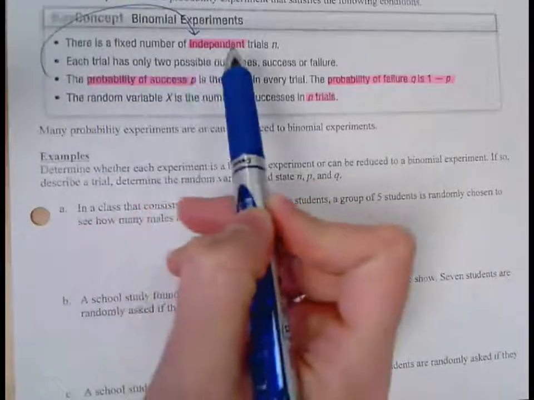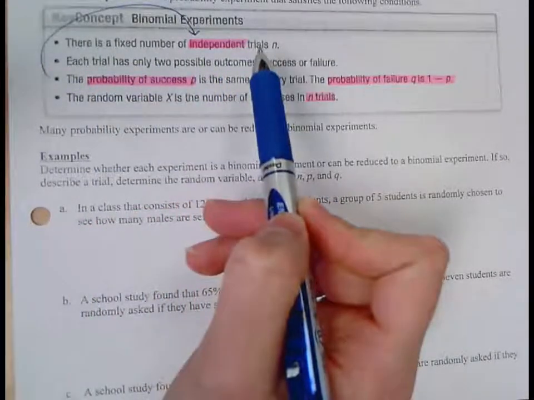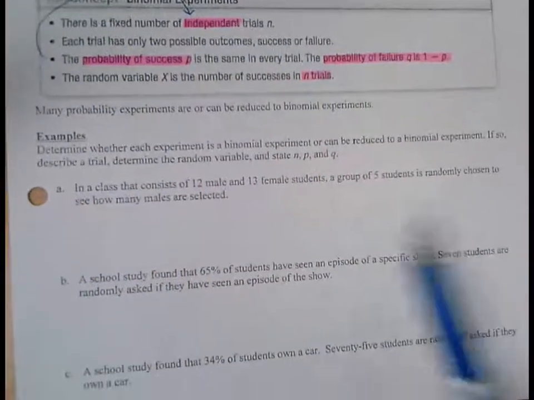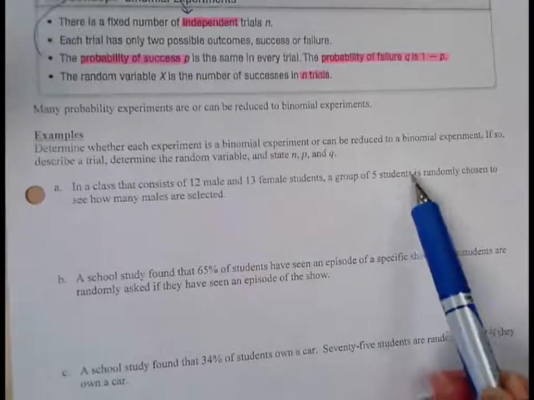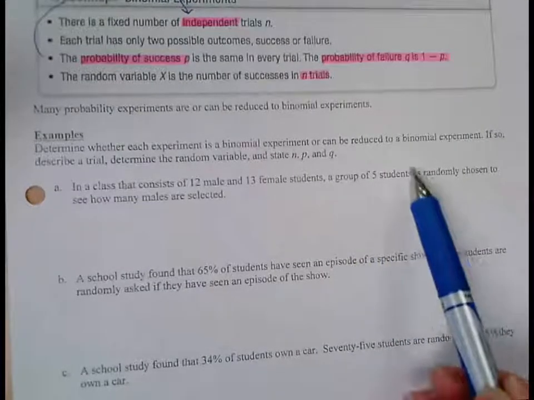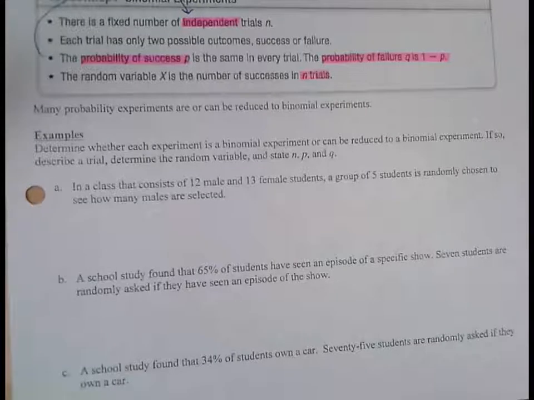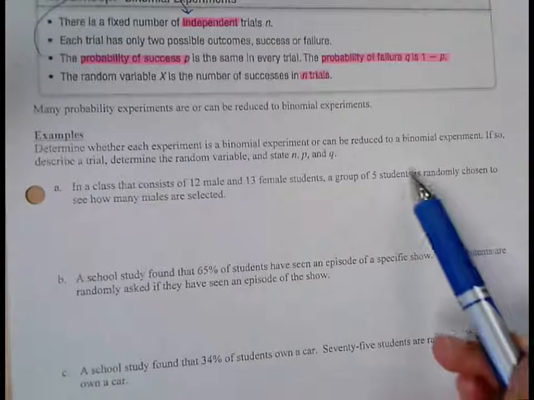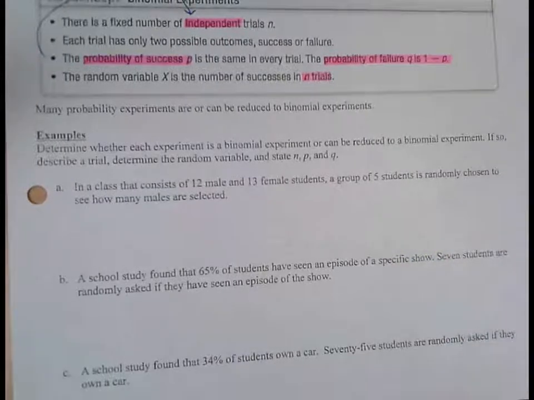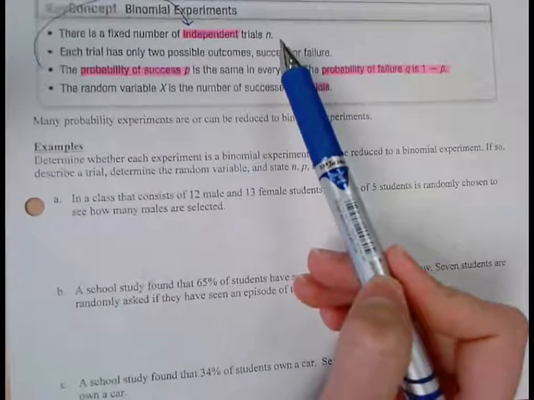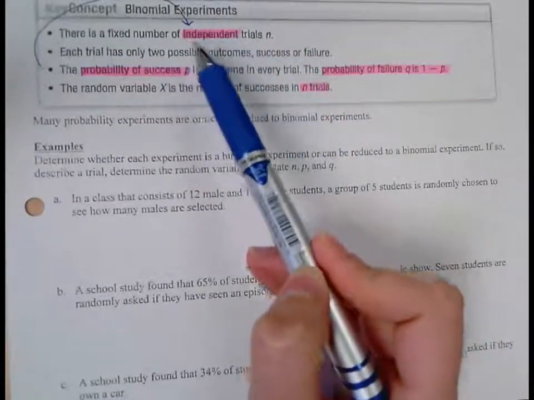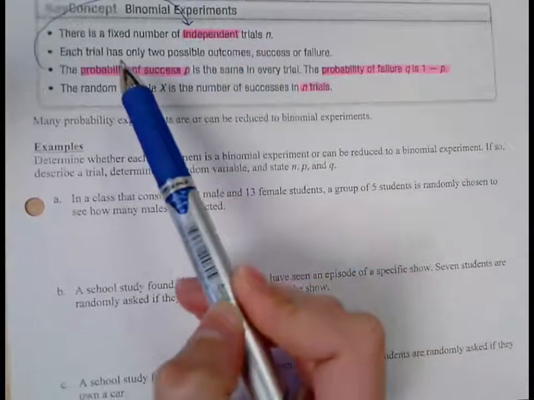There has to be a fixed number of independent trials, n. So here they are choosing 5 students. So a trial would be choosing a male student, and there's 5 trials. They're choosing 5 students, so there would be a fixed number of trials. We'll come back to see if they're actually independent or not.